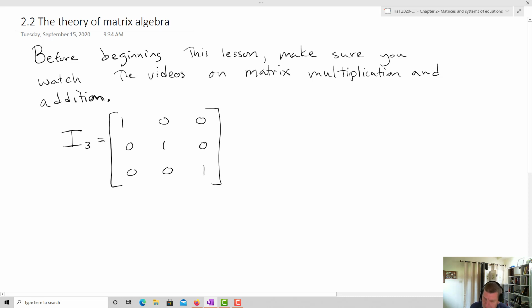Okay, and what I'm going to do with this matrix is ask, why is it called the identity? What makes it an identity matrix? What makes it an identity is that this is the identity for any matrix with 3 values in its column.